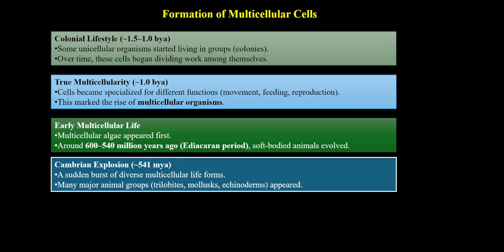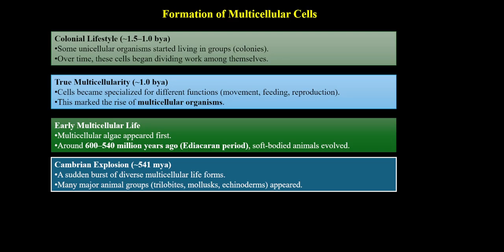Then the formation of multicellular organisms. First, unicellular organisms like bacteria or cyanobacteria started living in groups, or we can say colonies. Over time, these cells began dividing work among themselves. This is known as colonial lifestyle.